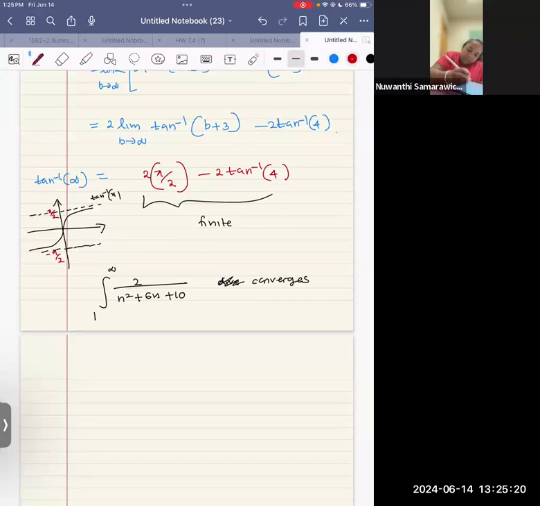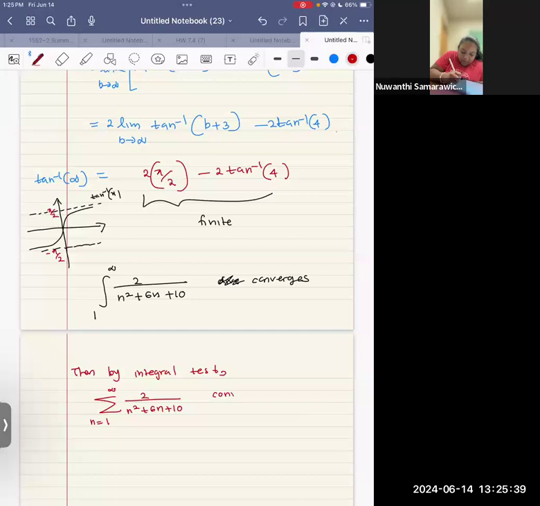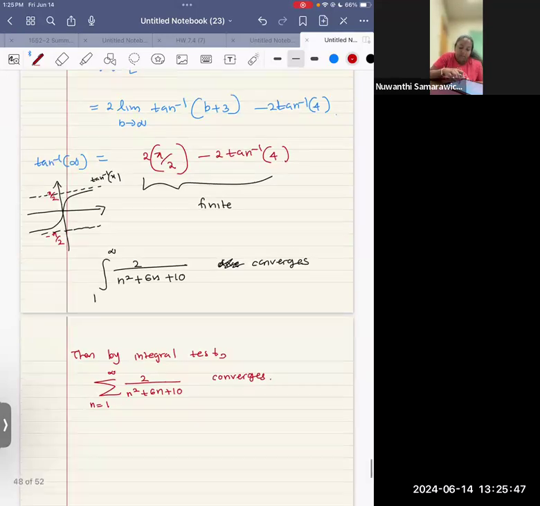Then by the integral test, we can say this whole series converges. Okay? So we found the whole series converges.